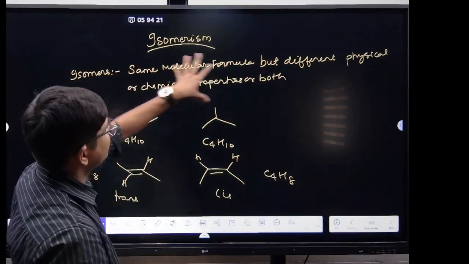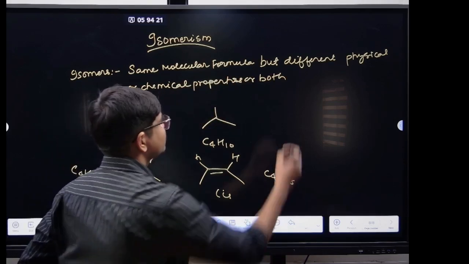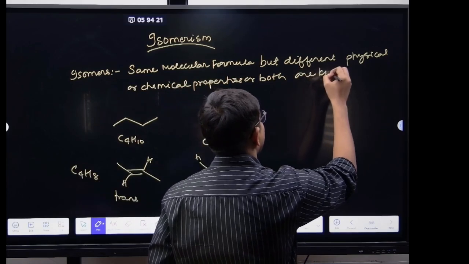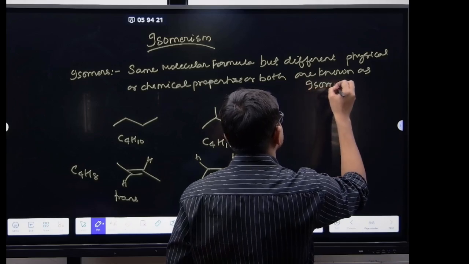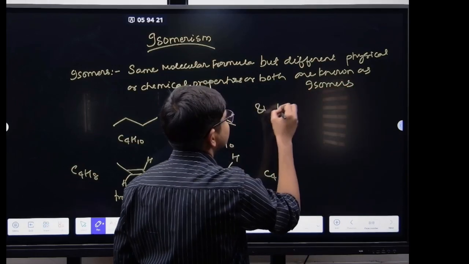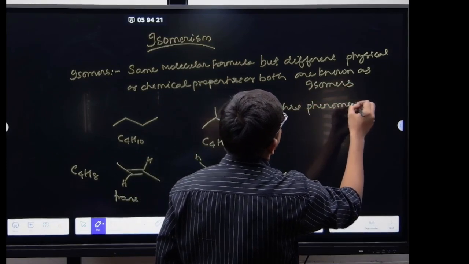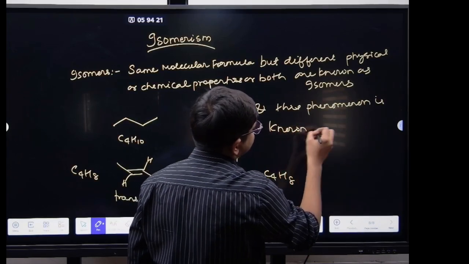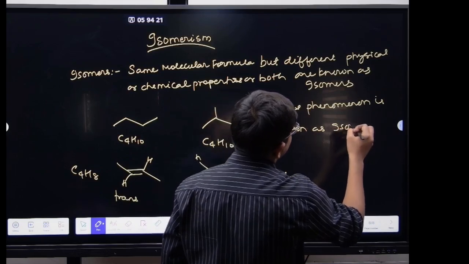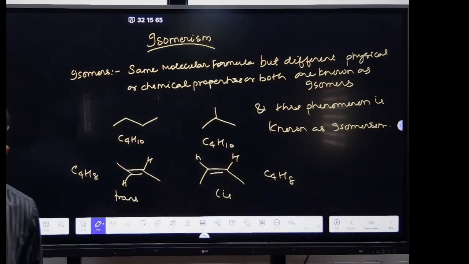So isomers have the same molecular formula but different physical and chemical properties, and this phenomenon is known as isomerism. Understood these things?